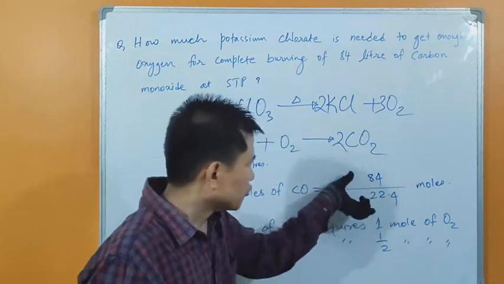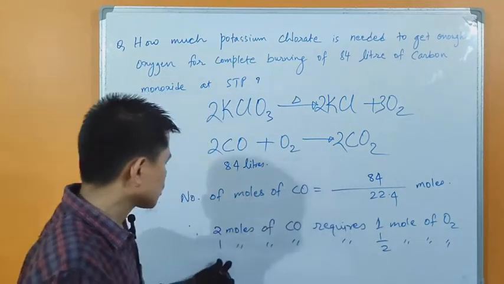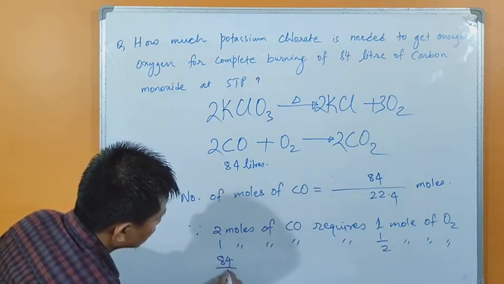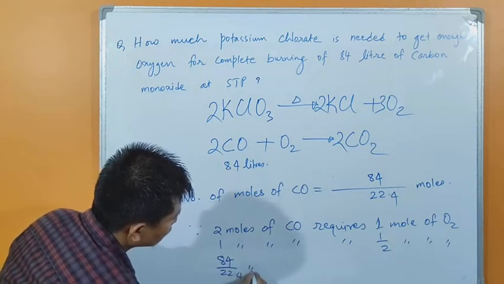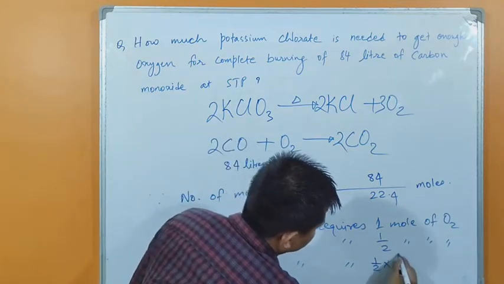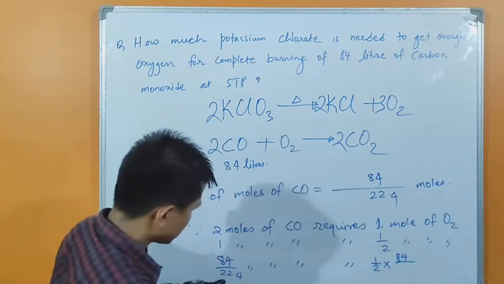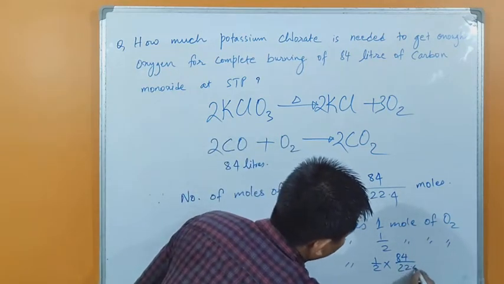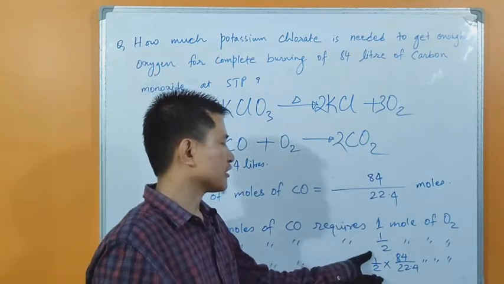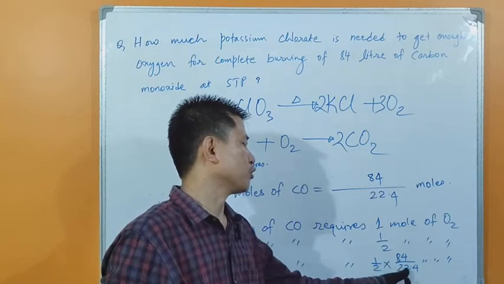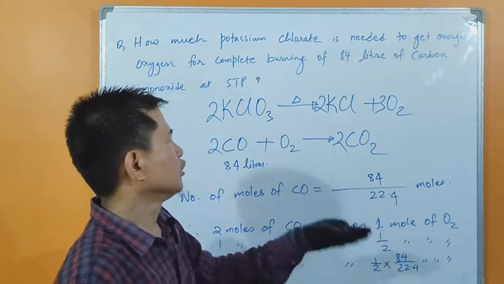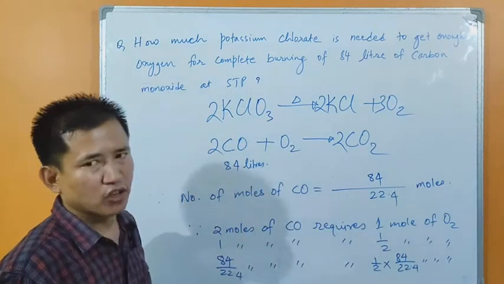But we have 84 upon 22.4 moles of carbon monoxide, so it requires 1/2 into 84 upon 22.4 moles of O2. Number of moles of oxygen required is 1/2 into 84 upon 22.4. This much moles of oxygen is required to burn 84 liters of carbon monoxide gas.